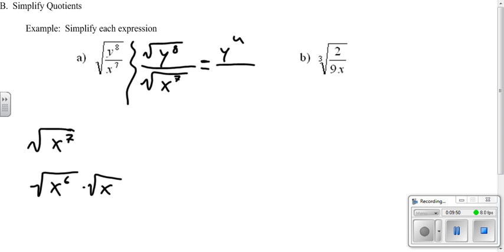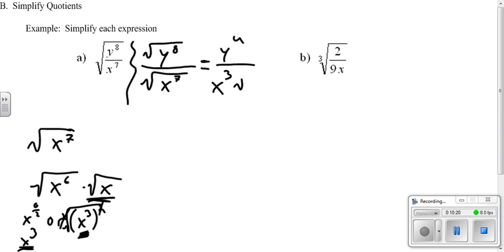From here, again, x to the 6th we can recognize as either x to the 6 over 2, or we can notice that that's going to be x to the third squared, and we're taking the square root of it, canceling out the square roots. We're left with x to the 3, or 6 over 2 is 3, so this one is also x to the 3. So our first part of our numerator is x to the 3, and we still have our times the square root of x to deal with.